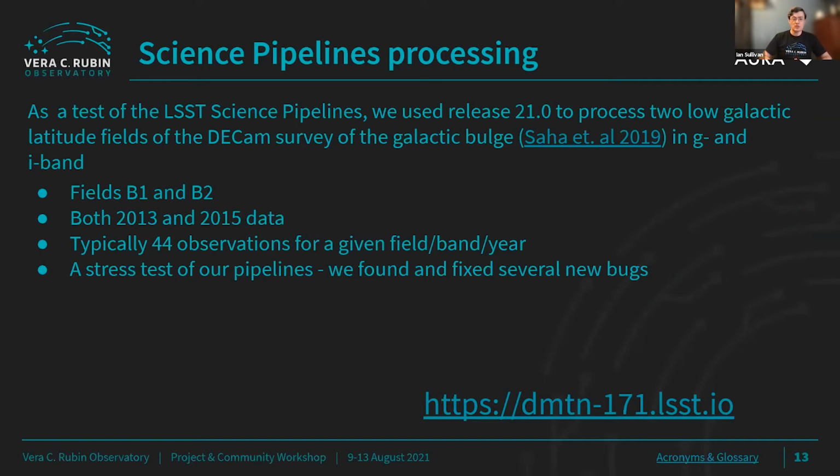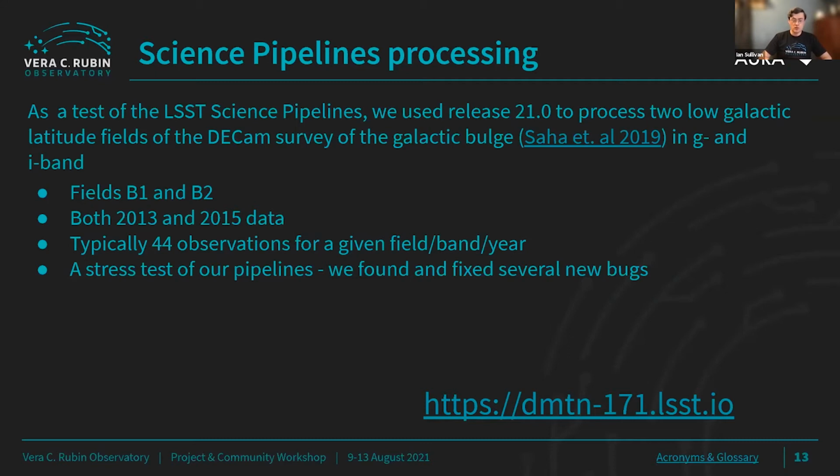Those two fields do overlap slightly, and I believe are some of the lowest galactic latitude fields in the survey, so they cover some very high stellar densities. If you go to the link here, DMTN 171, which is also linked as a bookmark in the Crowded Fields channel, you can find a lot more detail about the setup.